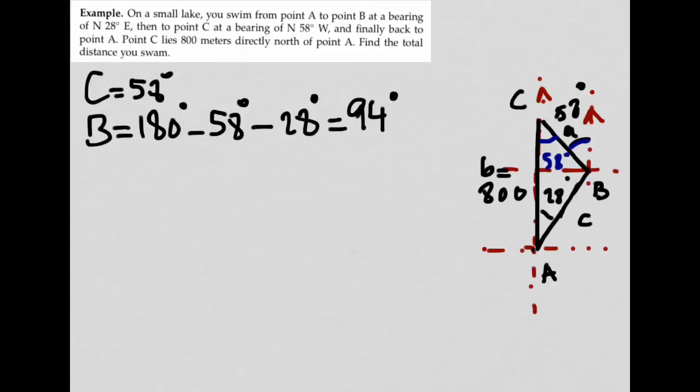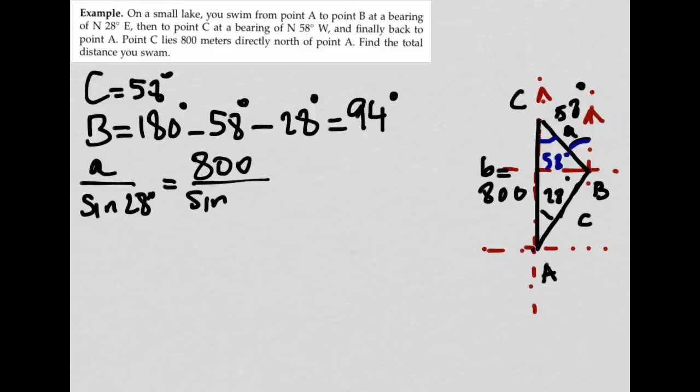We know all the angles. We know side B. Let's invoke the law of sines. So we have A over sine of 28 degrees equals B, which is 800 over sine angle B, which is 94 degrees, equals side C divided by sine of 58 degrees.